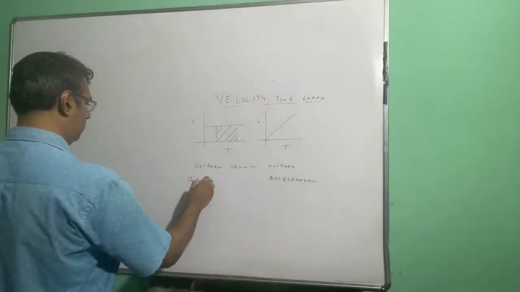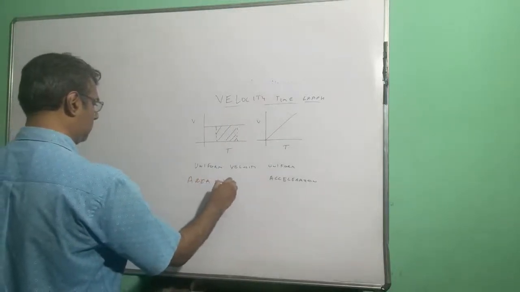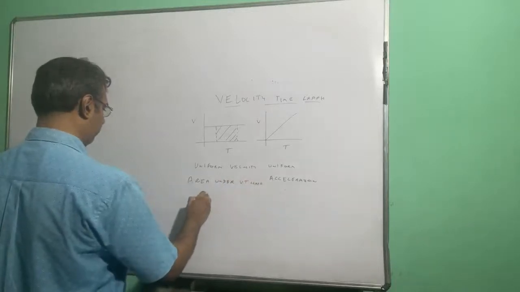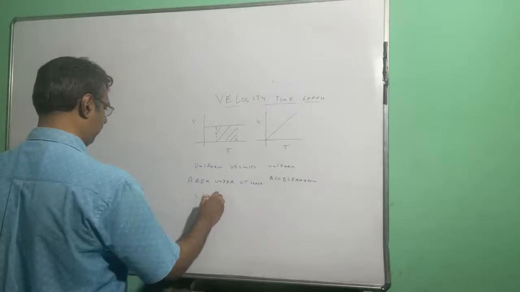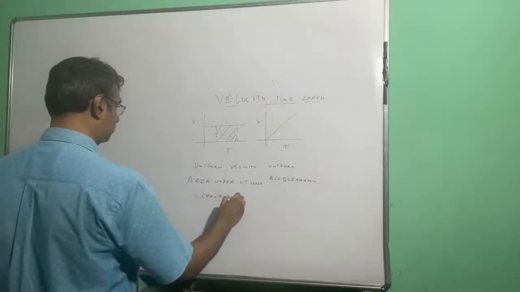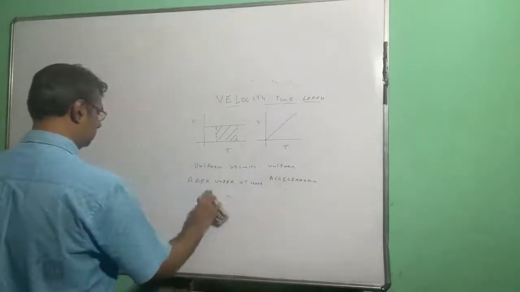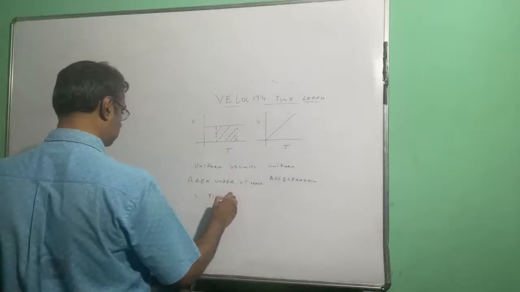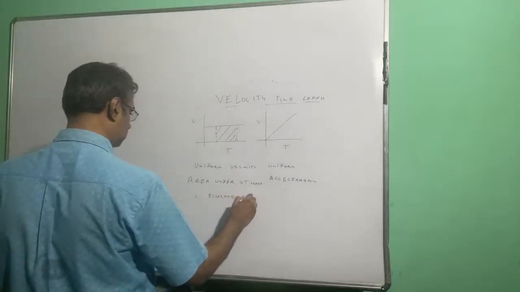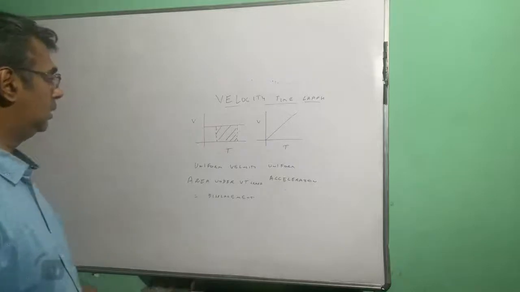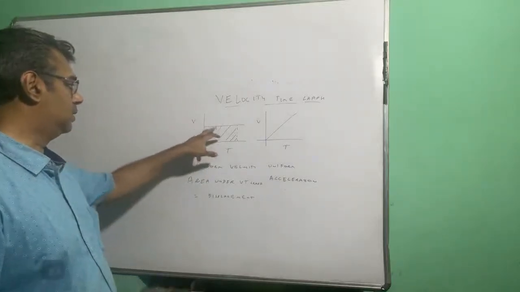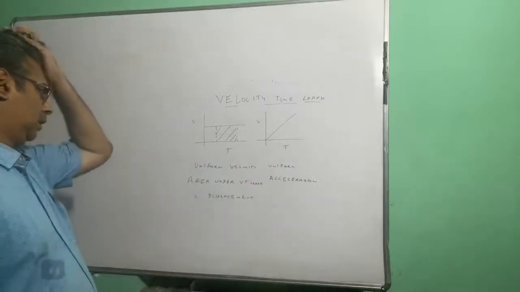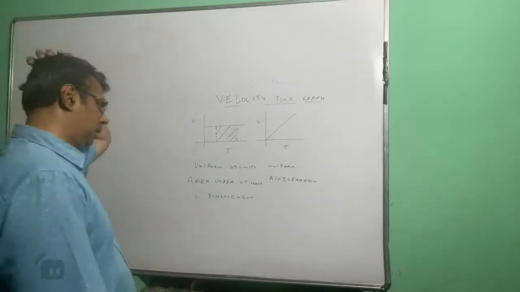The area under the velocity time graph, so this is velocity versus time. The area under the velocity time graph will give you the displacement. So that is number one.